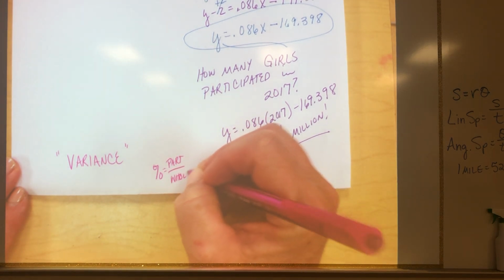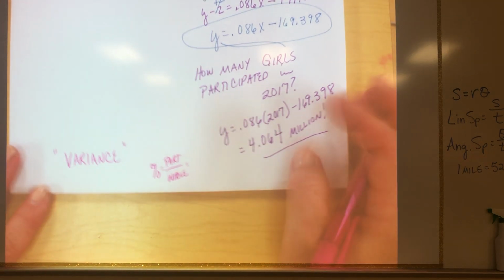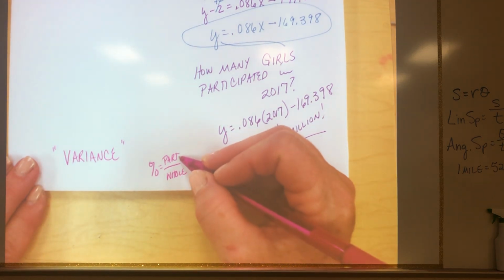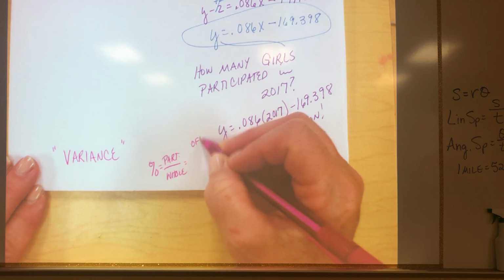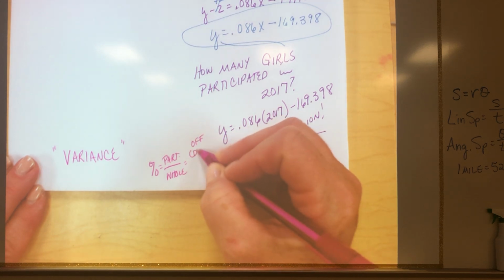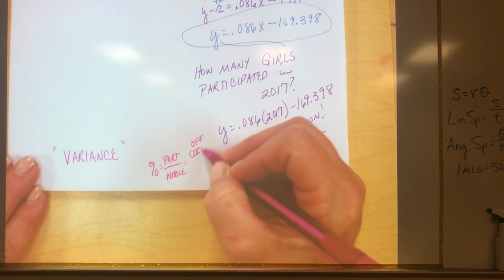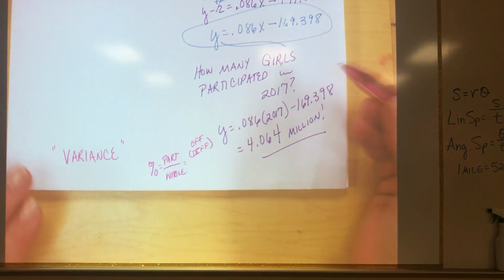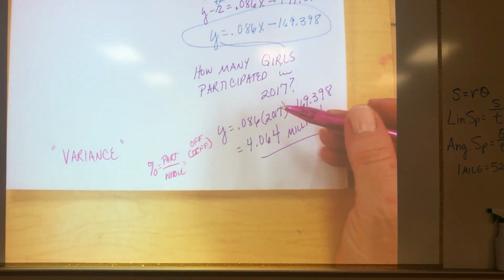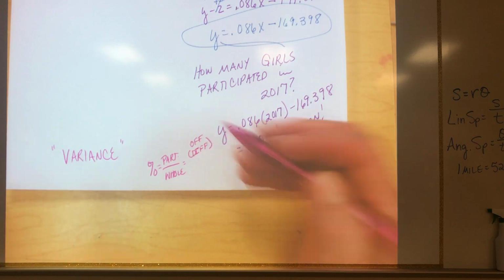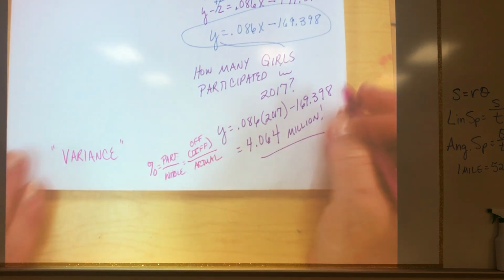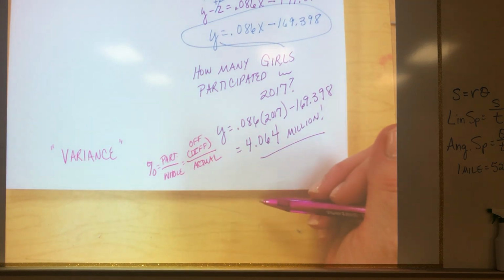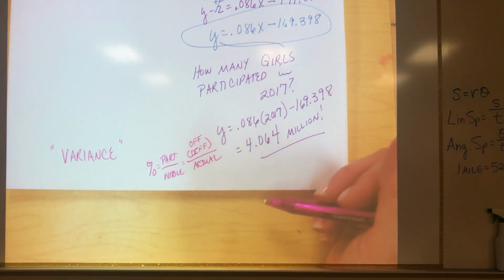Okay, that's what you learned in 6th grade, part over the whole. The part is how far you're off. It's actually the difference in the actual and the predicted. You're going to subtract those and see how far off you are. And then you're going to divide by the actual. Do you understand that? Yes or no? Okay?